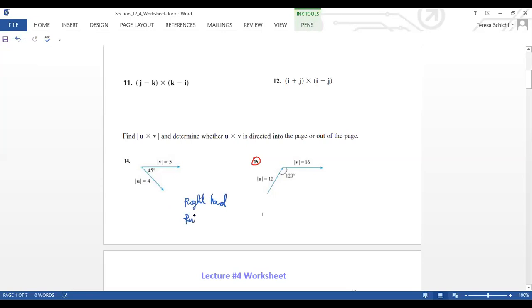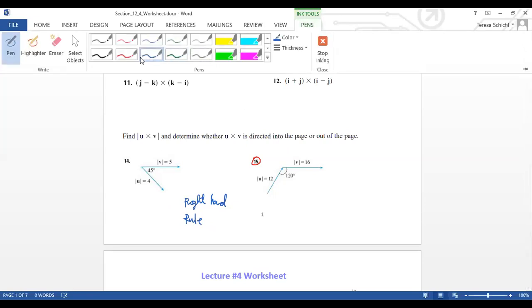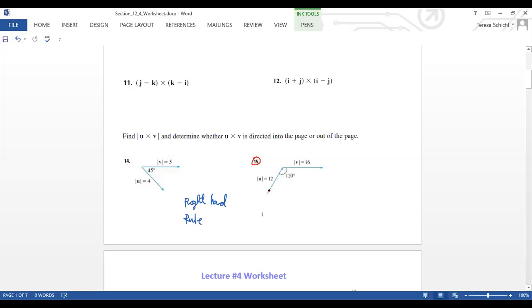When you use the right-hand rule, the first thing you need to be careful about is the vectors. Here, this is U cross V. U is from here to here, so this is the initial point and this is the end point. In order to do the right-hand rule, they have to start at the same point, so you need to move U to here.